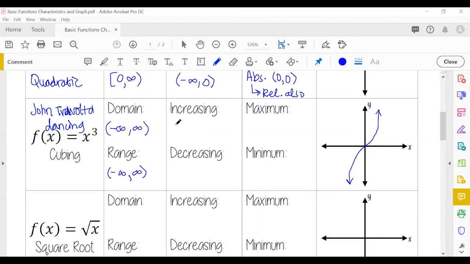This function is also increasing for its entire domain, and it's not decreasing at all. And in addition, because there's no change from increase to decrease, there's no maximum and there's no minimum.